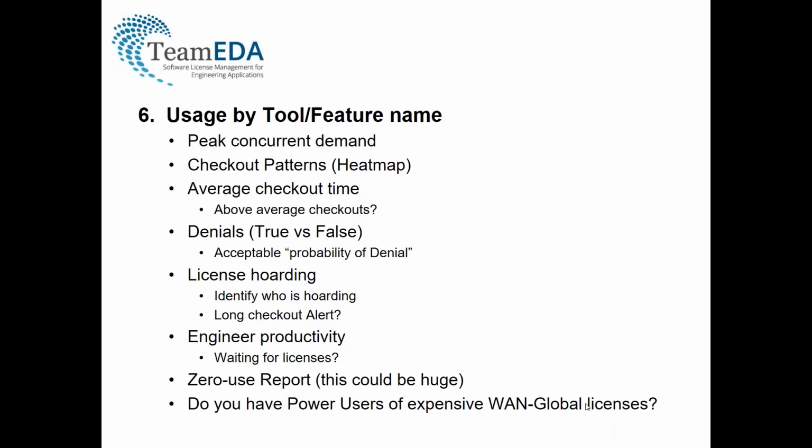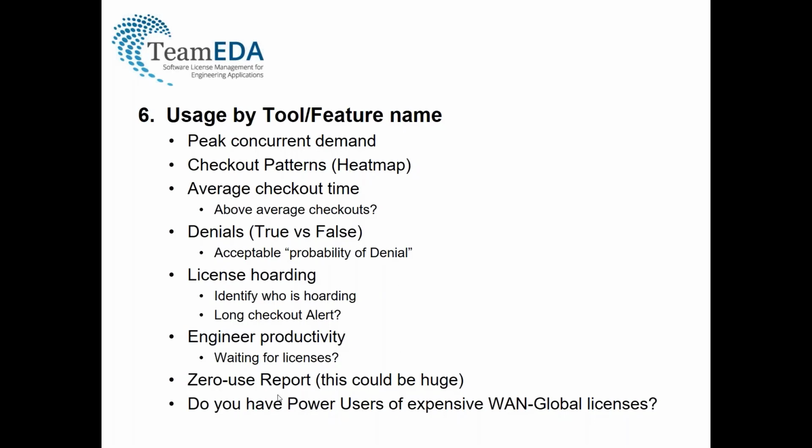And then that goes down to like a WAN, maybe US, or it might be a local area network license, or a node locked would be the cheapest. So if you have a power user that is using a global WAN license, you need to know that, because that's very expensive. You might want to get that power user a local area network license, or even maybe a node lock license.